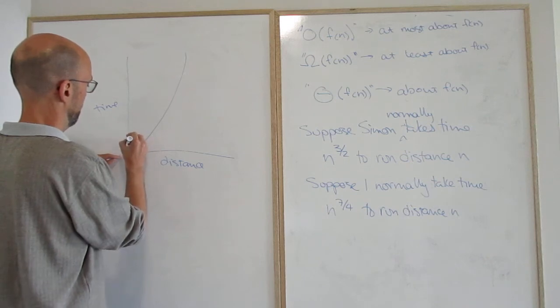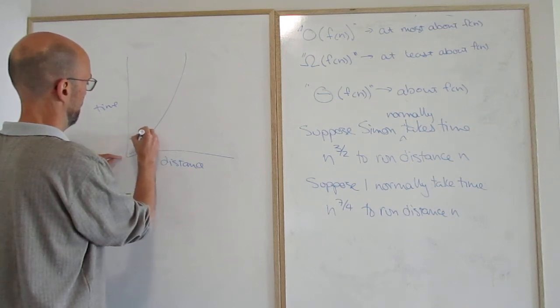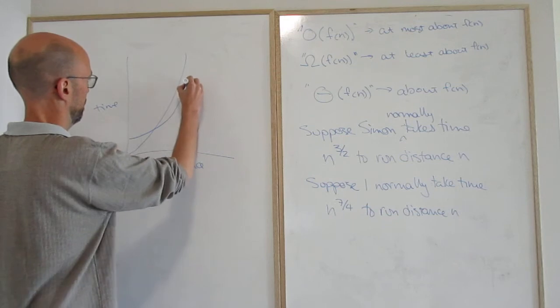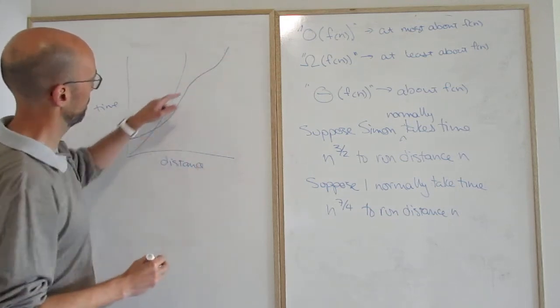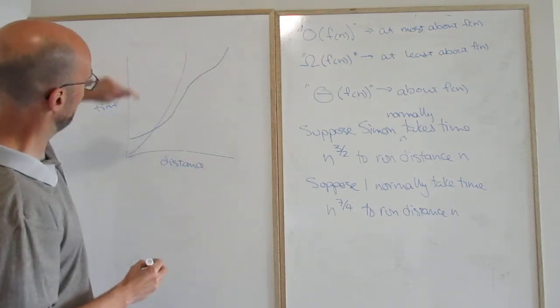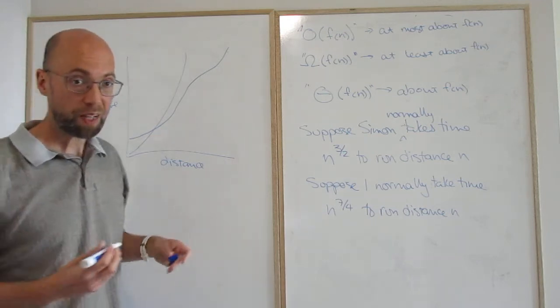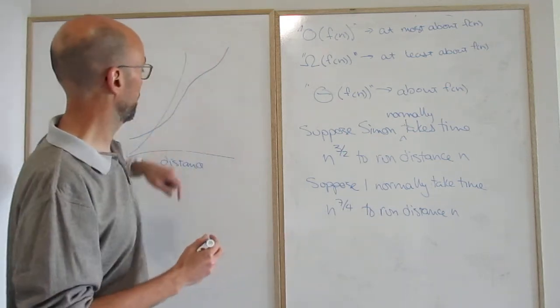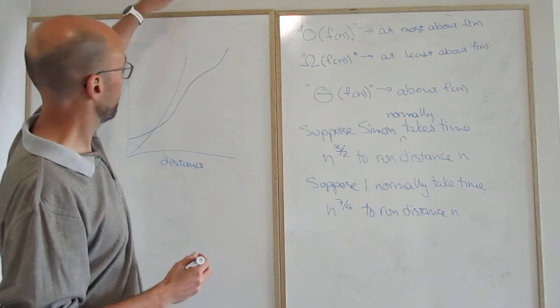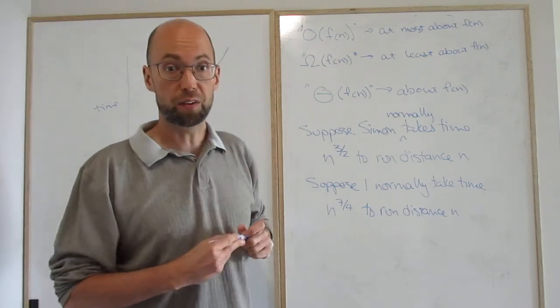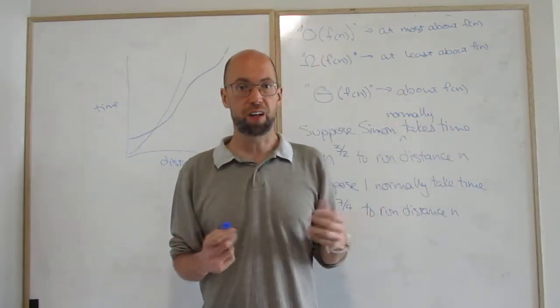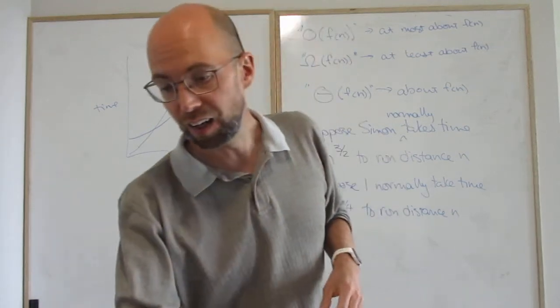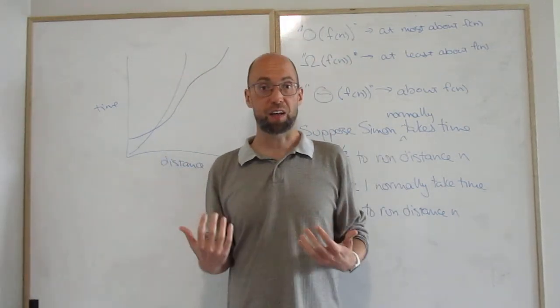Simon maybe starts out, he gives me the head start, and he's going to cross over. So there's some wobbling around. We're going to cross, and ultimately Simon is faster than me. So my time is going to be, in the long run, Simon is faster.